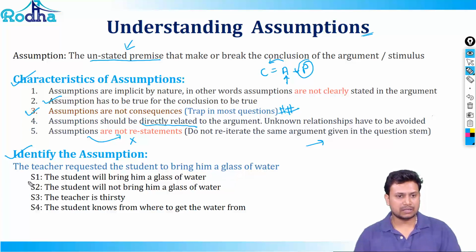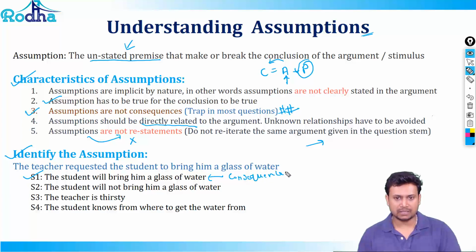Okay, let's look at the first option. The question is, the teacher requested the student to bring him a glass of water. The assumption says the student will bring him a glass of water. Think of it. It's the choice of the student. He may not. So this is a point of consequences.